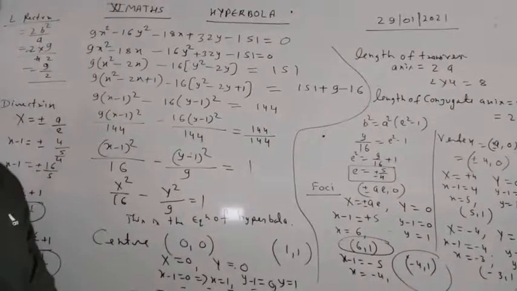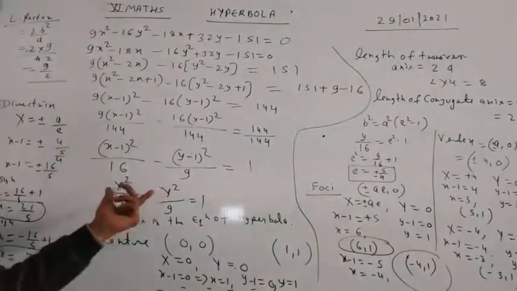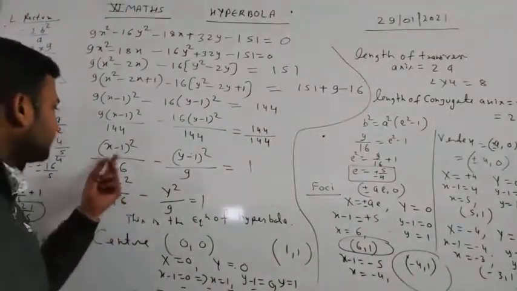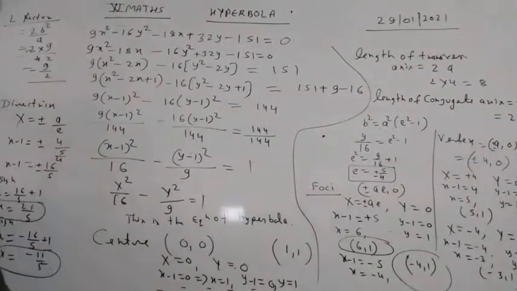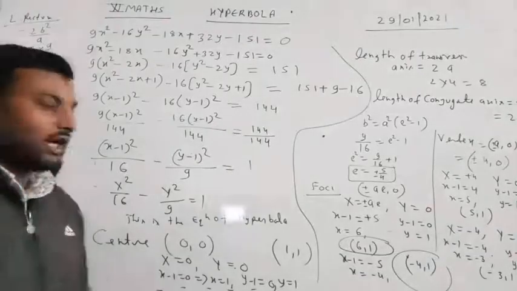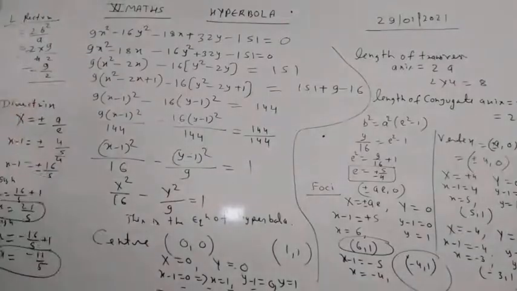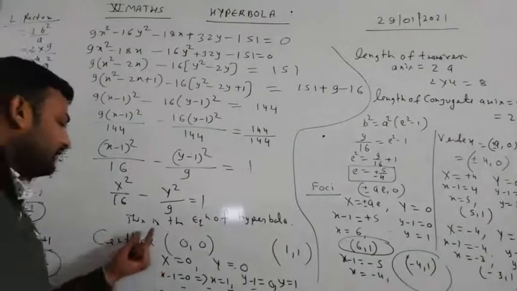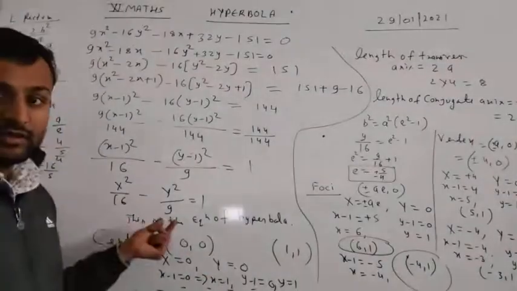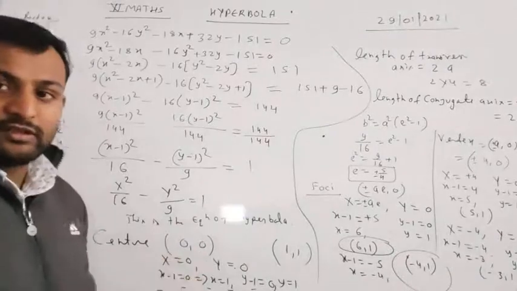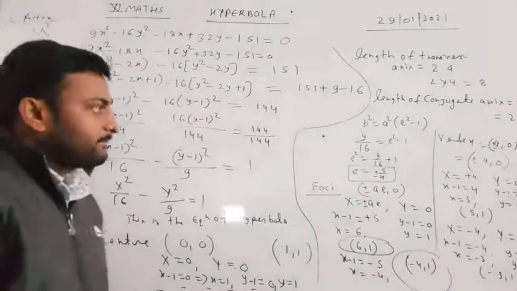Now student, with the help of this standard equation, where our capital X is x minus 1 and capital Y is y minus 1, we will find all these. First we are going to find our center. This is the first case, when the transverse axis is the x-axis.